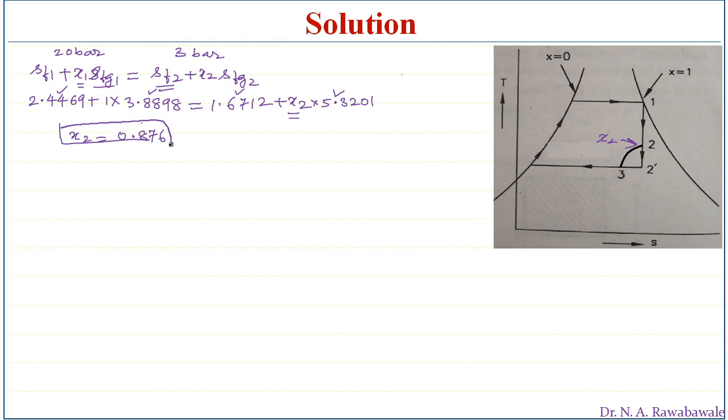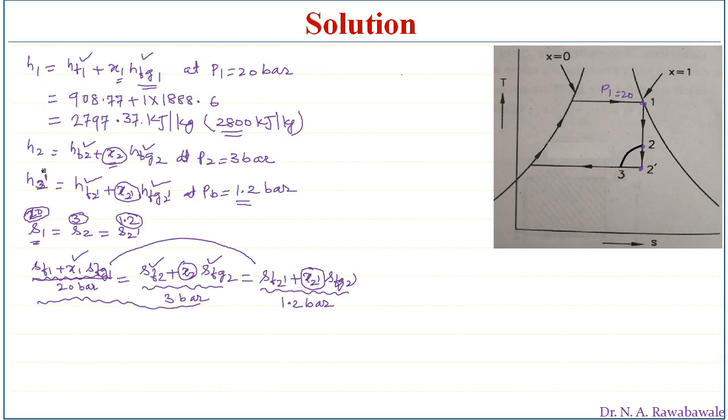Once we know the dryness fraction at point 2, we can find the enthalpy at point 2. For finding the dryness fraction at point 2 dash, we equate the first term and the last term.